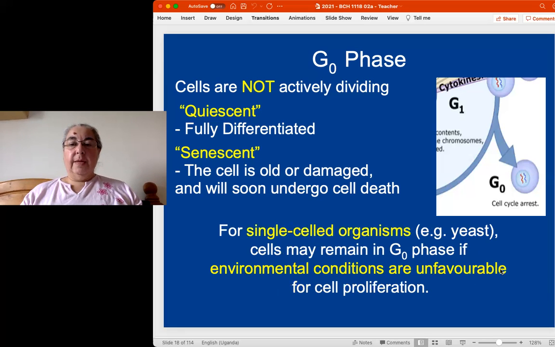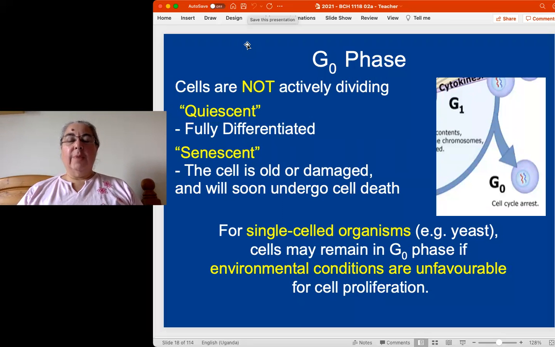Okay, so if we think of a single-celled organism, for instance, yeast, a single-celled eukaryotic organism, yeast cells can remain in G0 phase and just quietly continue their cell processes at a low level if their environment is not good, if they are not able to continue to divide.